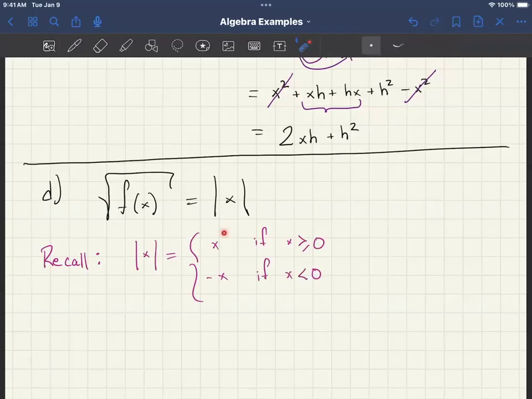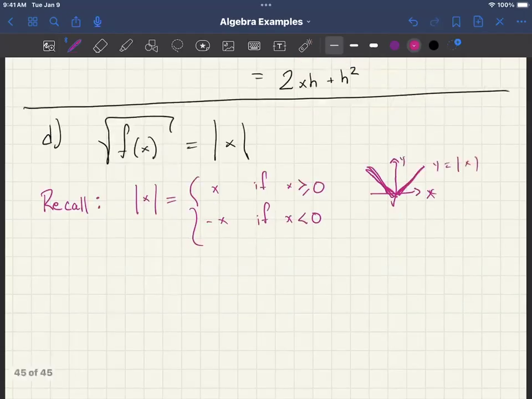It means you just spit out the same number if what you put in was bigger than or equal to 0, and you spit out negative that number if it was negative to begin with. So everything turns positive. Just as a reminder, I'll show you on the graph, absolute value of x. This ends up being like a V on your graph. So that is y is equal to absolute value of x. That's what it's going to look like. It just turns everything positive.